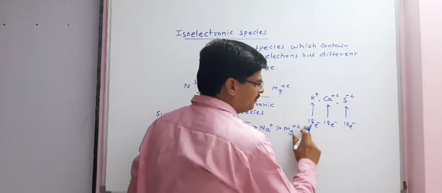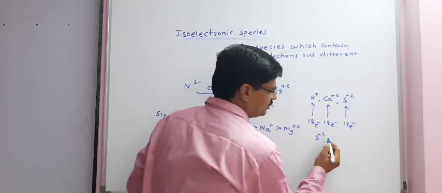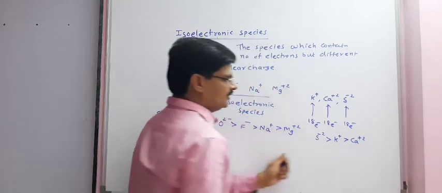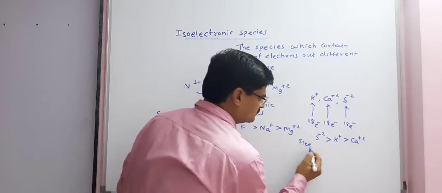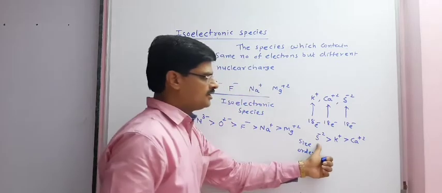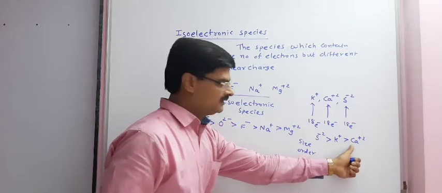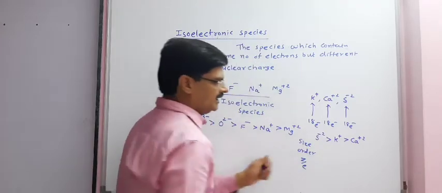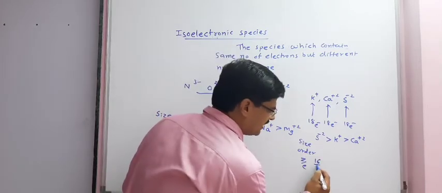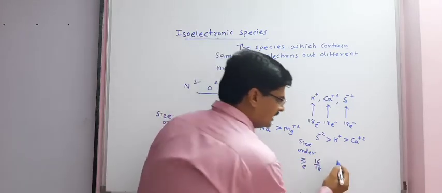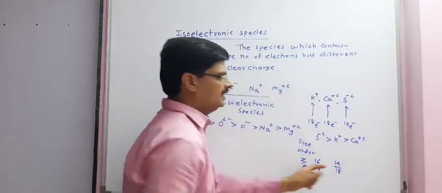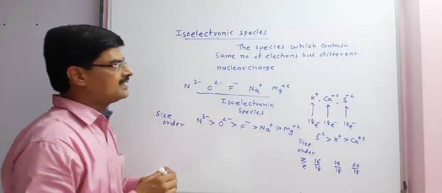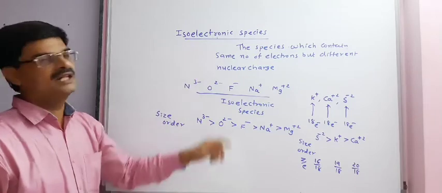If we want to compare their size, we can write S2 minus greater than K plus greater than Ca2 plus. Here, for S2 minus, the Z upon E ratio is 16 divided by 18. For K it is 19 divided by 18, and for Ca it is 20 divided by 18. This way we can understand the size of isoelectronic species.